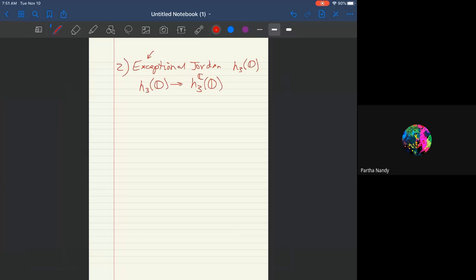So this object, which is related to a certain entry in a very interesting thing called the magic square, which I'll talk about, is, in addition to being an exceptional Euclidean Jordan algebra, having another important role in the so-called magic square of exceptional Lie algebras, and so does this guy.